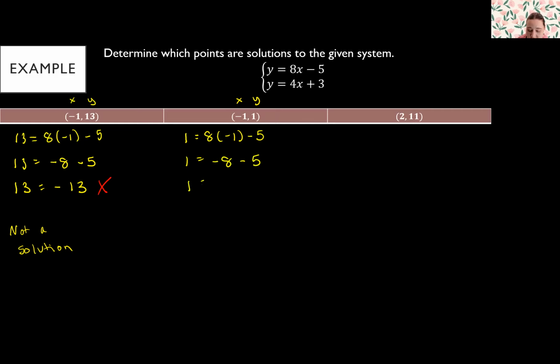And you can see, again, this is just not going to work because now we have 1 equals -13. Well, that's even worse than the first one. Our first point, at least it was the same number, just opposite signs. This is not even close. 1 does not equal -13, not even close. So again, that is not a solution.